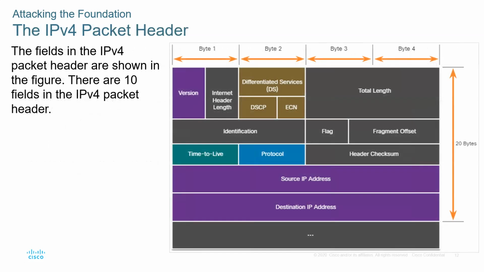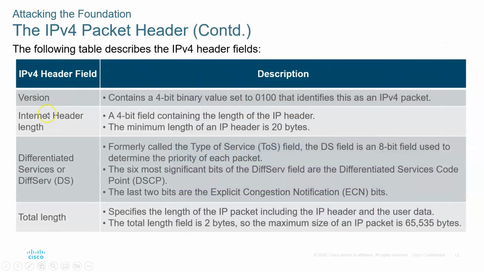And here are the labels for IPv4. Okay, so it's definitely a good idea to be familiar with all of these labels. Well, let's take a look at each one of those and discuss them. So, for example, the version tells you if it's version 4 or version 6.